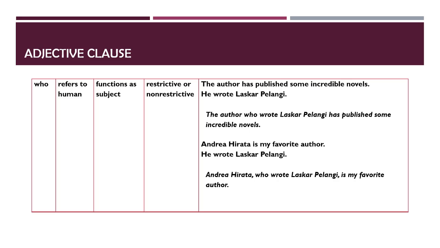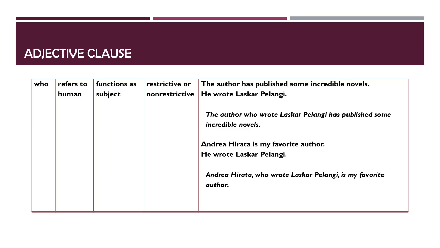So who functions as both the relative pronoun and also the subject of the adjective clause. Who wrote Laskar Pelangi is an adjective clause describing the author. Who wrote Laskar Pelangi is a subclause, while the author has published some incredible novels is a main clause. Overall, this is a complex sentence which consists of a main clause and a subclause.